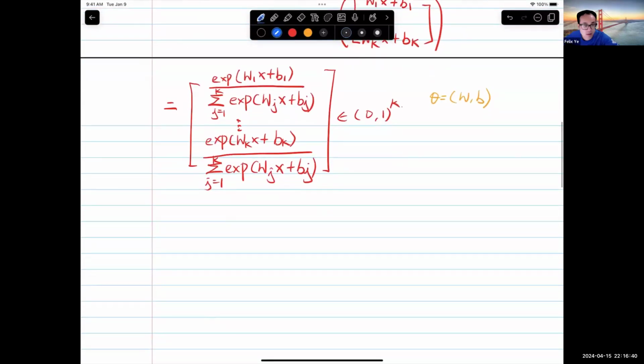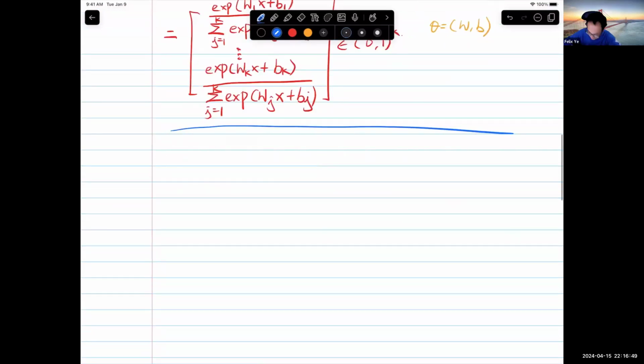Okay, with that, we can change the goal a little bit to make things more concrete. My goal is actually to find a parameter theta such that it minimizes the training loss function. Minimize the training loss.